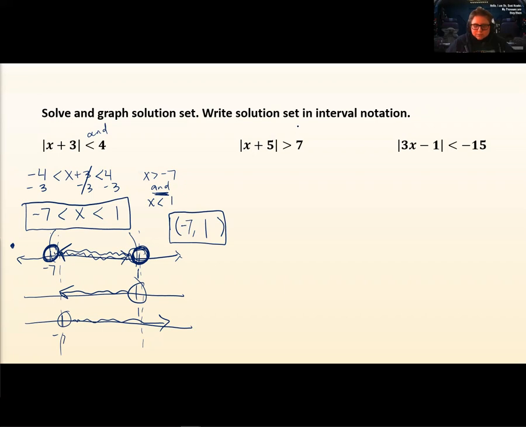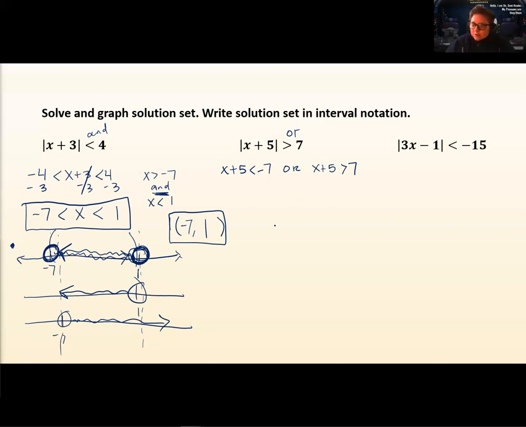What's the opposite of and? Or. Good job, Sam. And Cadence. Yeah, or. So our two equations, we have x plus 5 is greater than 7. And then we have x plus 5 is what? What's the other equation? And remember, it's got to be the opposite. Less than 7. Not 7, but -7. Good job, though.